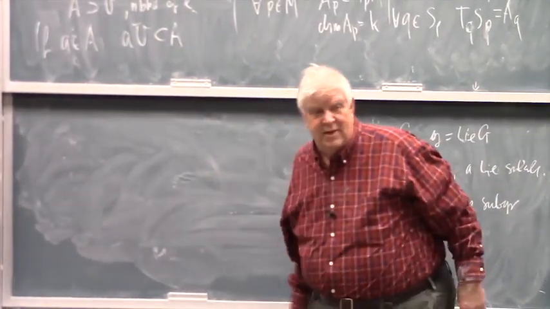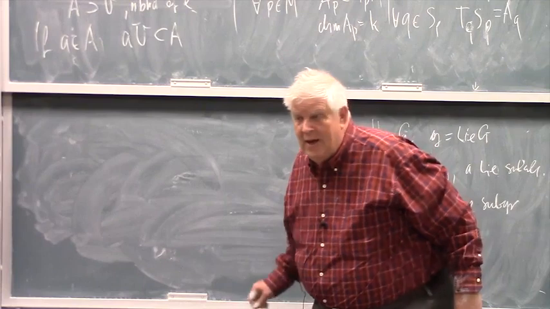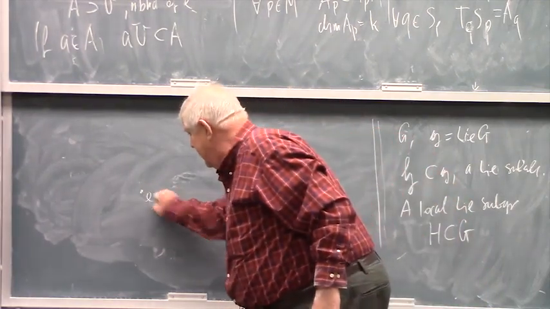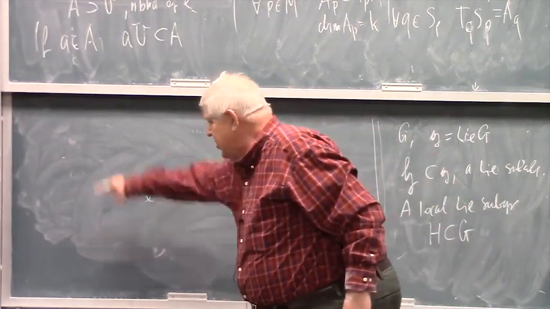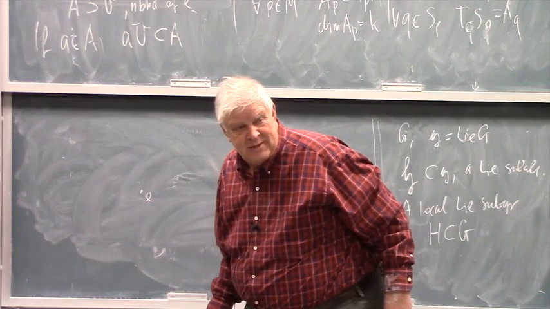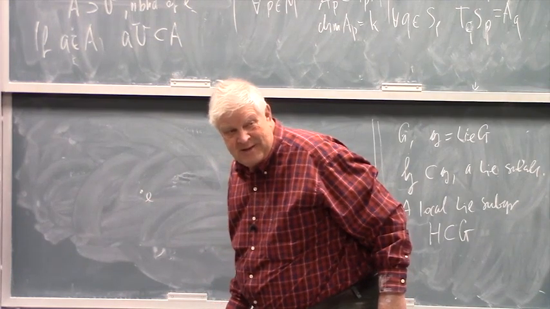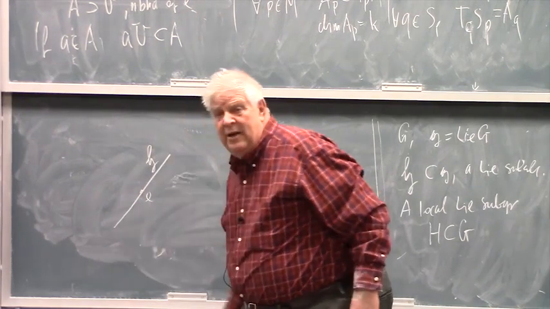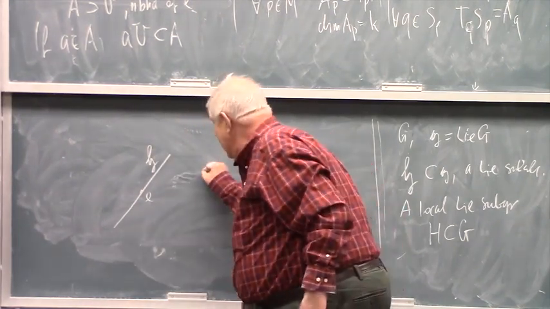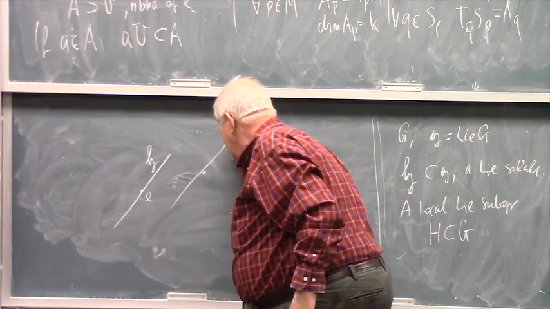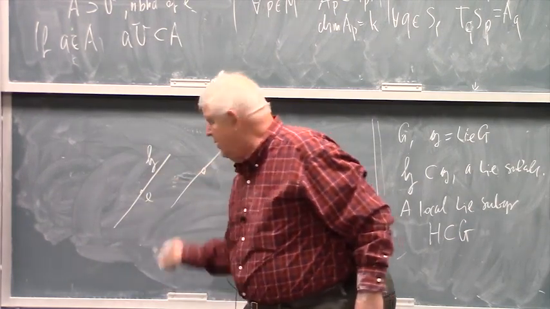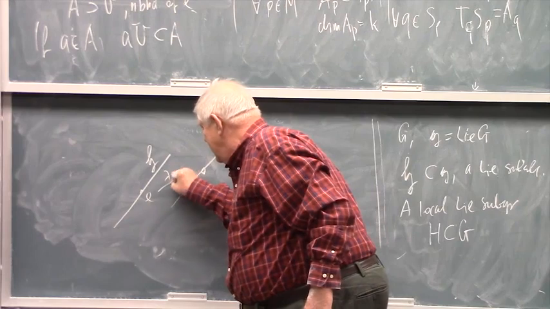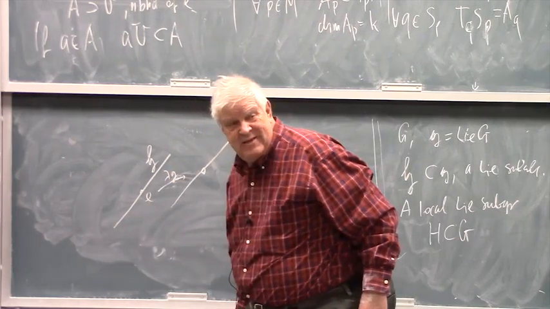So this is our Lie group, as you can see. This is e. The tangent space, I will not draw it, is the same blackboard, and this is h. Now I apply to this h all differentials of left translations, right?